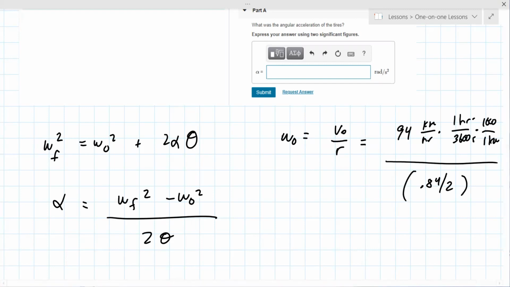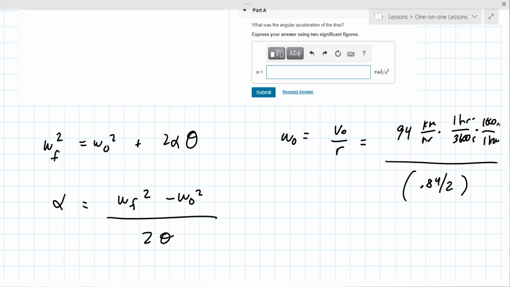So let's make sure we're on the same page with that number. It's 3,600 seconds, and there's 1,000 meters in one kilometer. So I multiply 1,000 by 94, divide by 3,600. I get 26.1111.